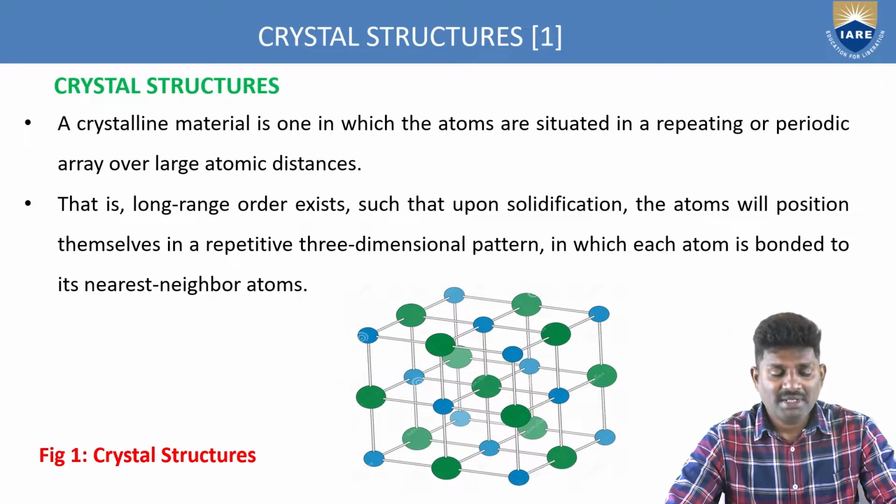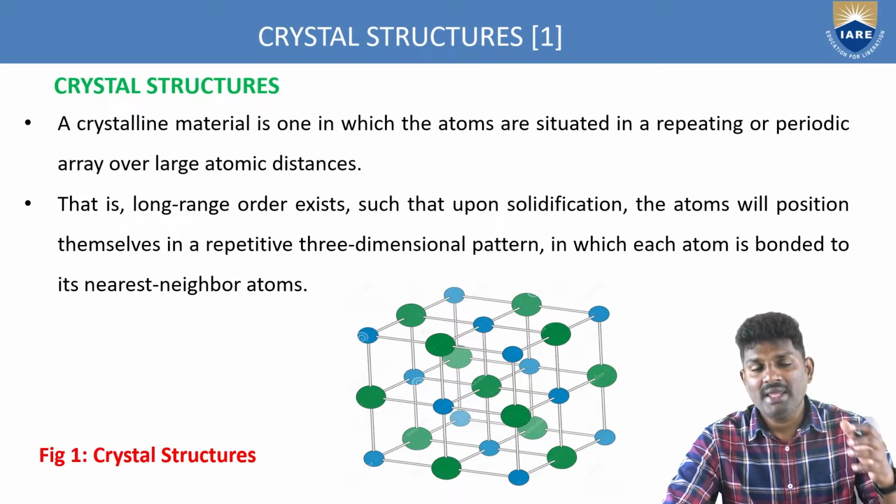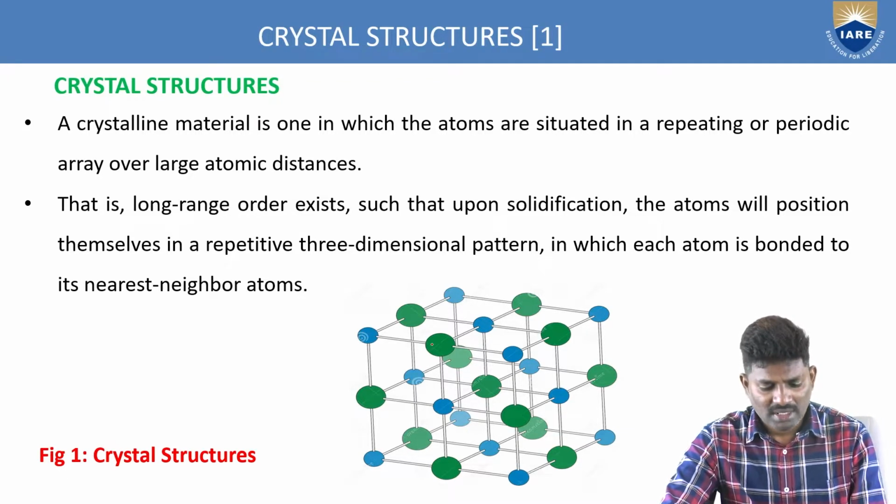Now, a crystalline material is one in which the atoms are situated in a repeating or periodic manner. If you see in this figure, these atoms are arranged periodically and at the same distance. Observe, at equal distance you have the arrangement of the atoms, arranged periodically.